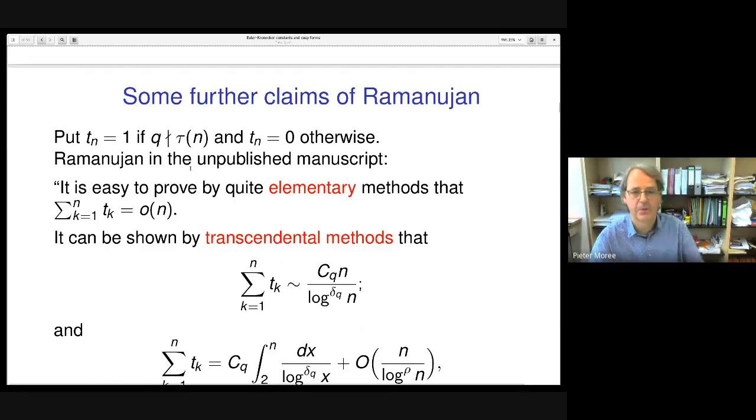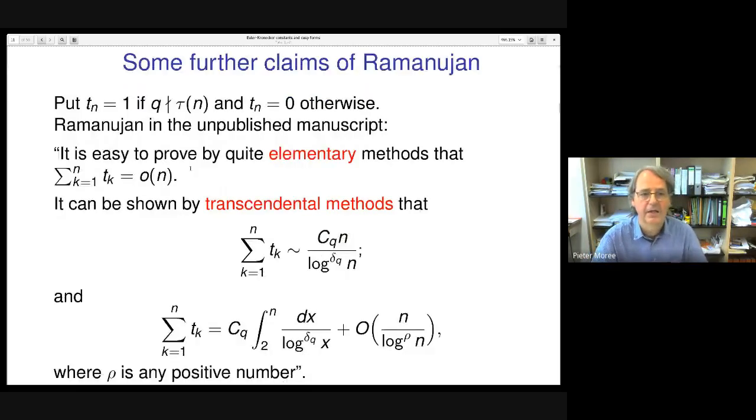So in this unpublished manuscript, he wrote, it's easy to prove by quite elementary methods that for a set of density 0, tau of n is not divisible by q.